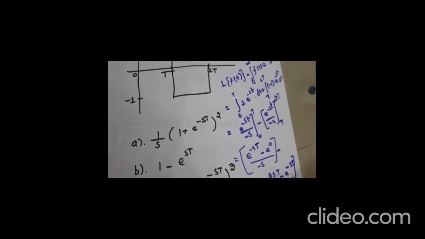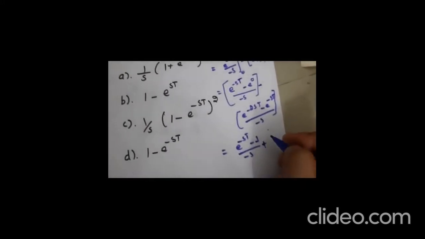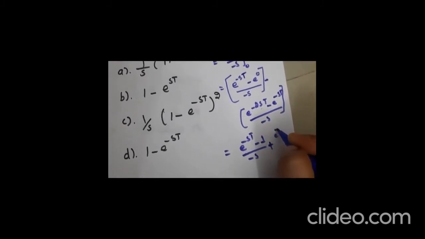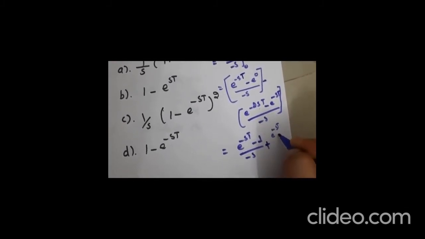Solving this, we get e power minus st minus 1 divided by minus s, and minus of this, where minus and minus become plus, and we will get e power minus 2st minus e power minus st divided by s.